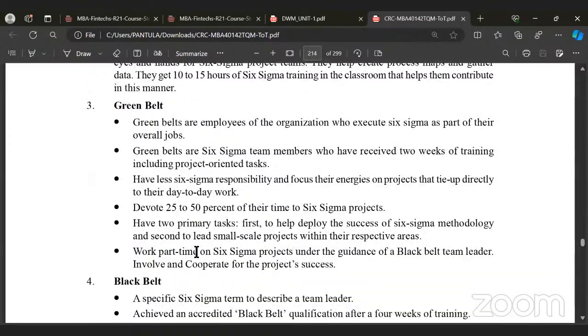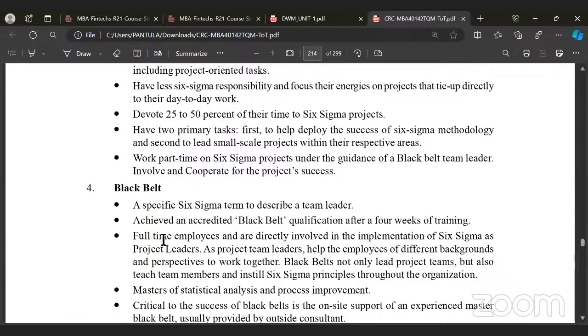Okay, green belt. Green belts are employees of organizations who execute the overall Six Sigma jobs. Green belt team members receive 2 weeks of training, including project orientation, and devote 25 to 40% of their time to Six Sigma projects. Then black belt, a specific Six Sigma term describing the team leader.